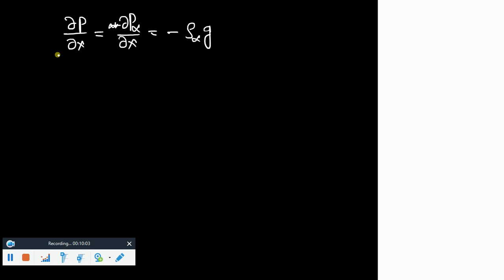You are talking about the equivalence of those two terms. Yes, and that is coming from the application of the y part of the momentum equation, where partial p by partial y was 0, so pressure is just a function of x. By the way, there is an interesting difference.